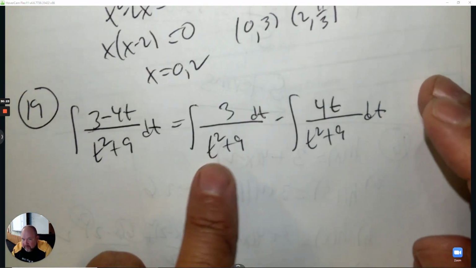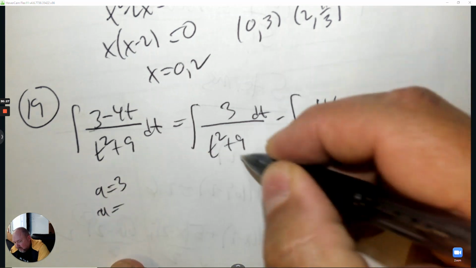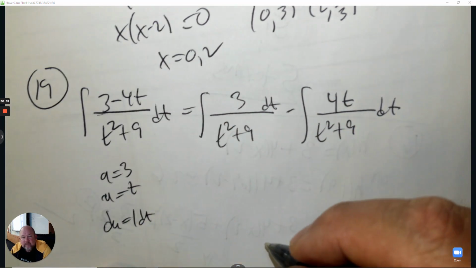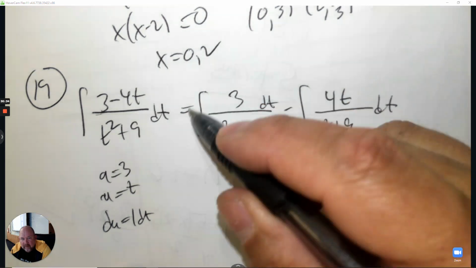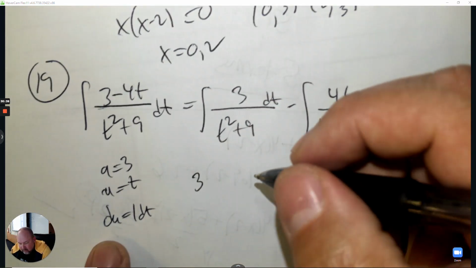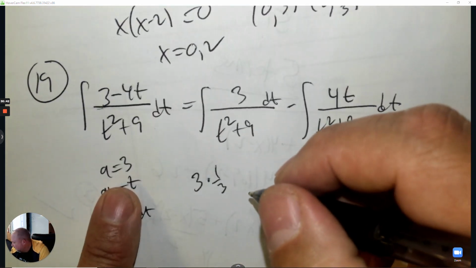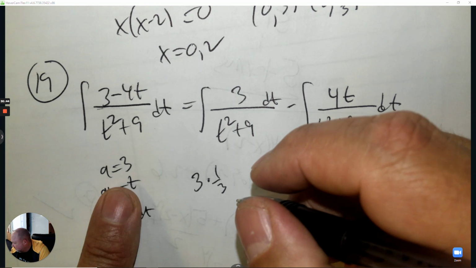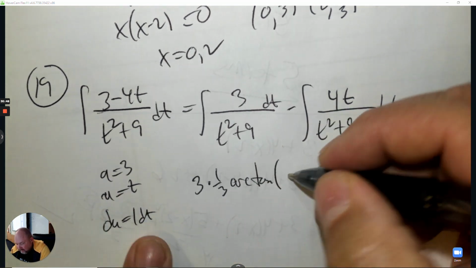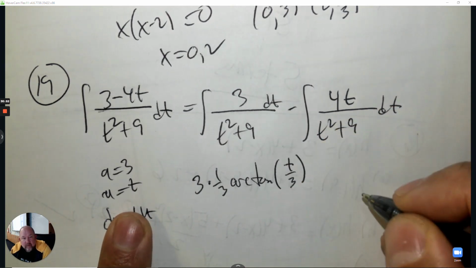So the first one's going to be arctangent, where a is the square root of 9, u is the square root of t squared, and then the derivative. So we need a 3 over 1, so it's 3. And then for arc, it's 1 over a, which is 1/3. That's going to be 1. It's fine. Arctangent u over a. So there's the first one.